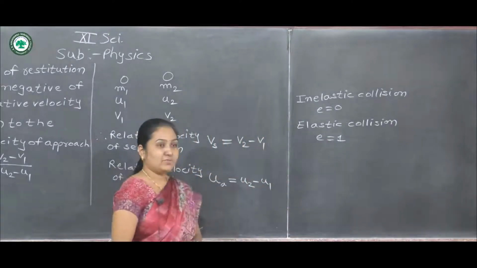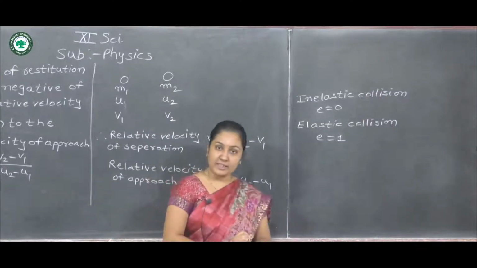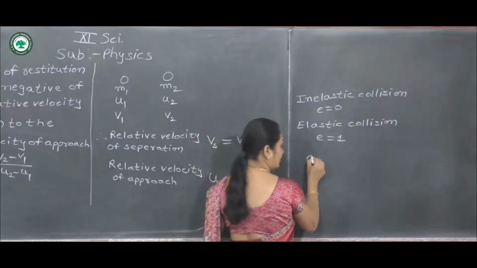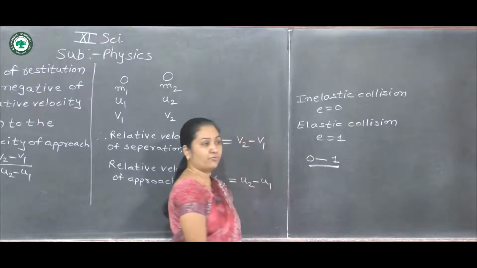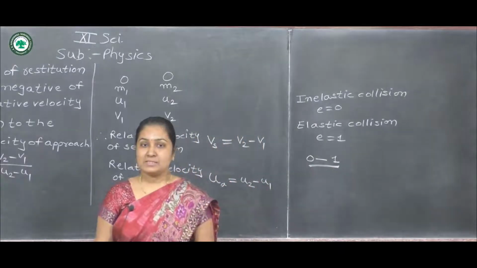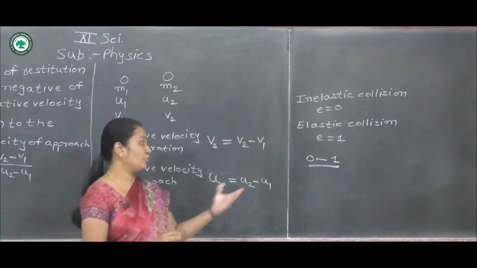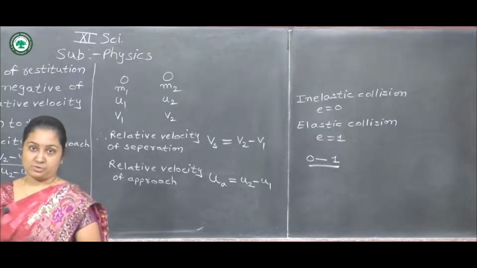So from this we can say that the coefficient of restitution e has values between 0 and 1. That means e is always between 0 and 1. So this is about the coefficient of restitution.